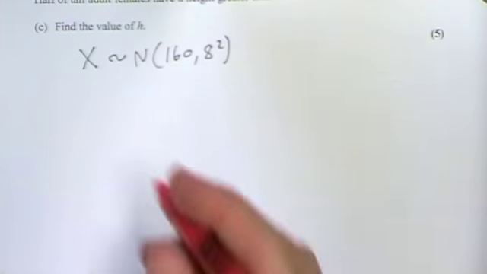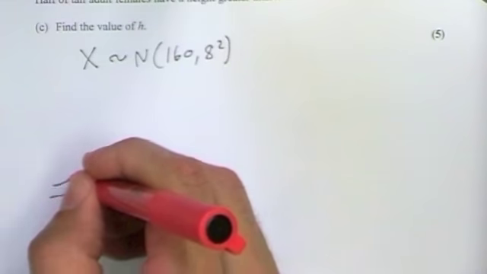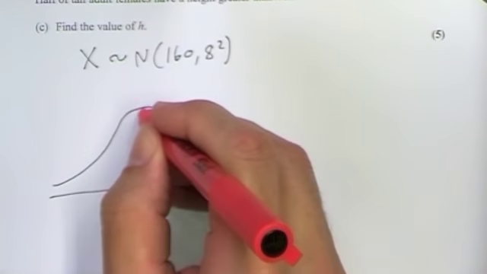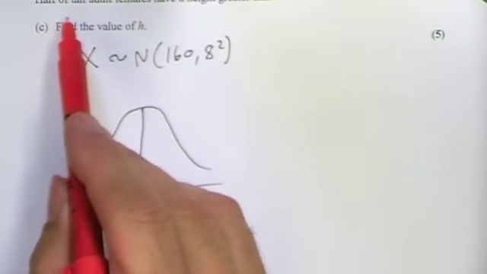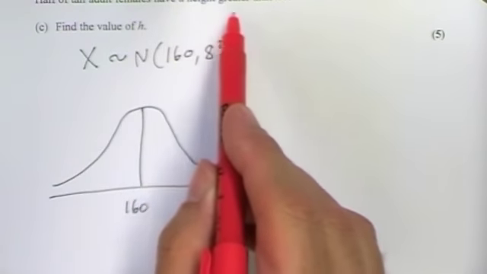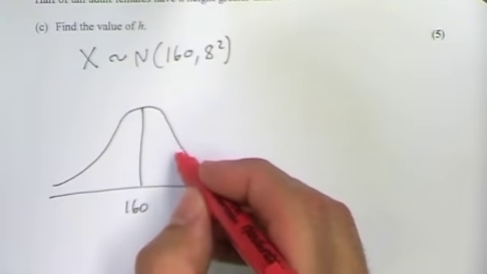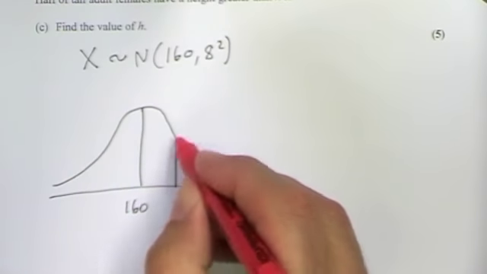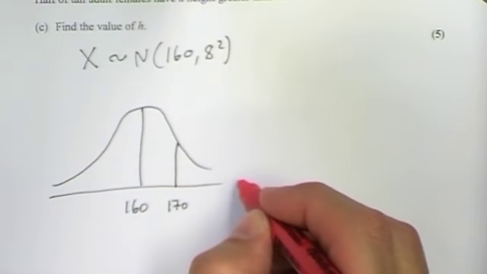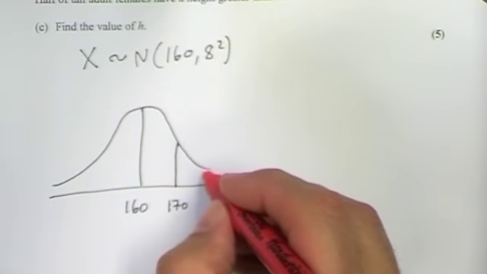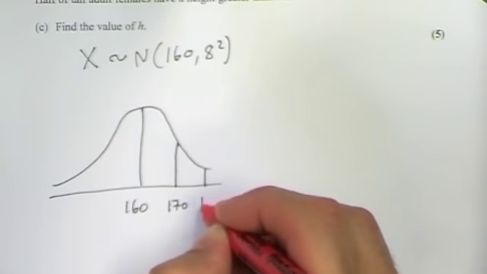So draw our bell curve, 160. Now it says half of all tall adult females have a height greater than h. So if they're tall, they go into 170, and half of this have a height greater than h. So that's h.